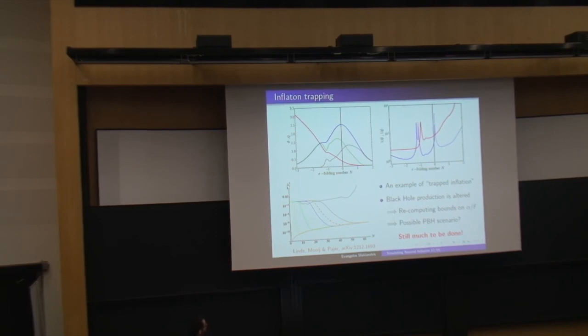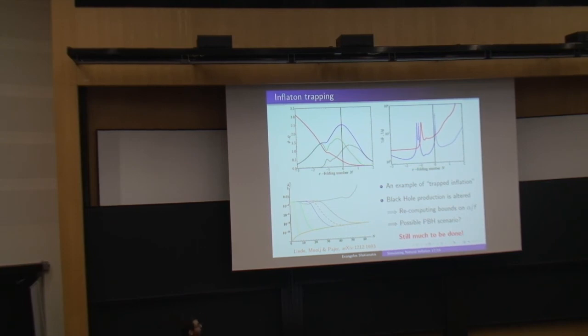So this is a plot taken from a paper by Andrei Linde, Sander Mooij, and Enrico Pajer. They calculated the density fluctuation spectrum by doing a quasi-linear analysis of the fluctuation and the resulting back reaction. And you see that it smoothly goes up towards the end of inflation. However, here we find something different, which is not a monotonic increase, but actually a spike.